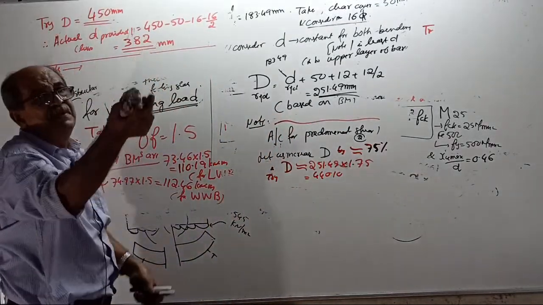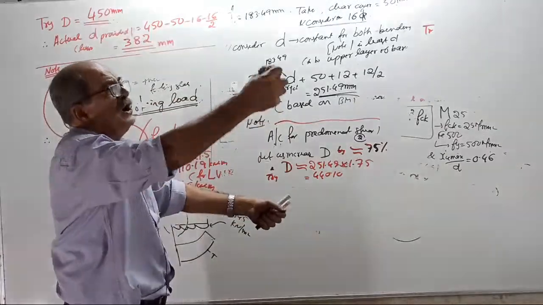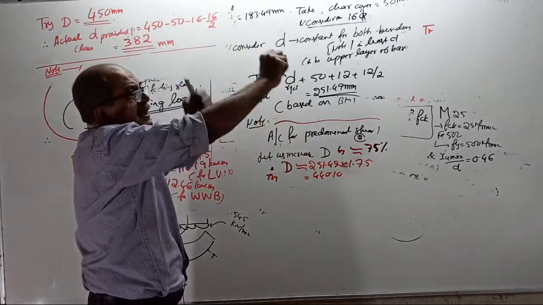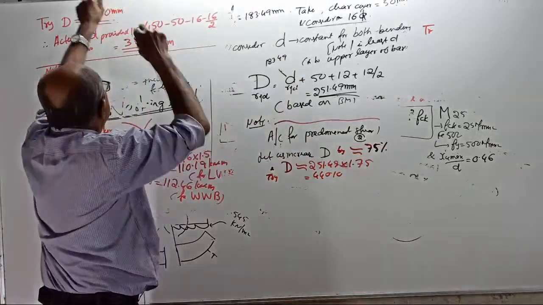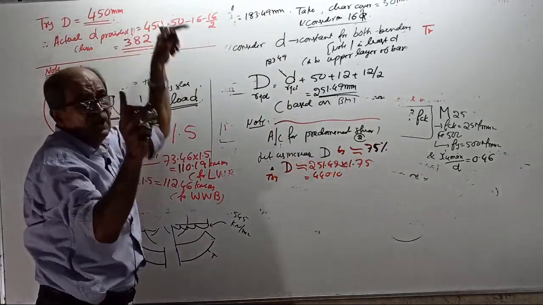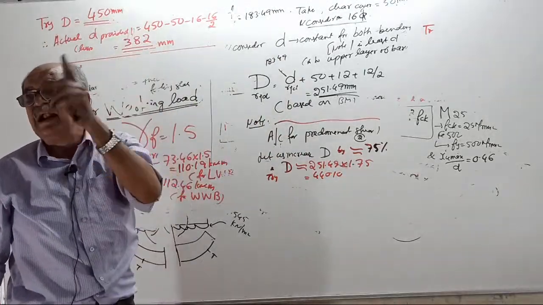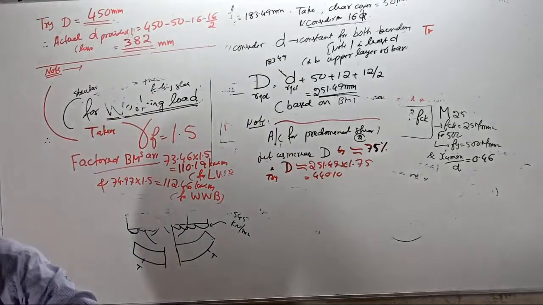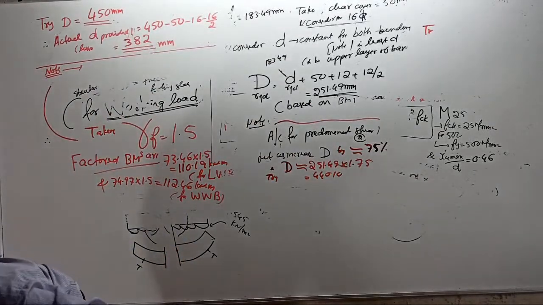Even if they misplace, if you want to place like this, but if they place like this also, this D is guaranteed, yes or no? See, this D is guaranteed. Then who told 382?